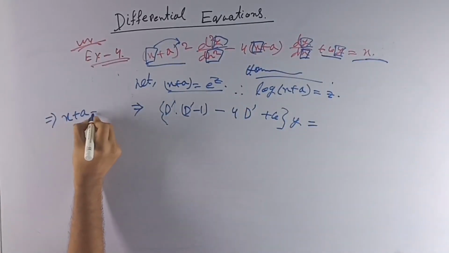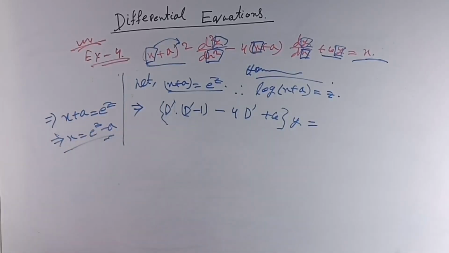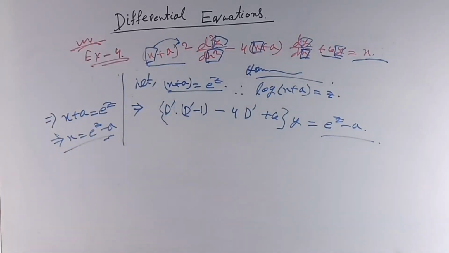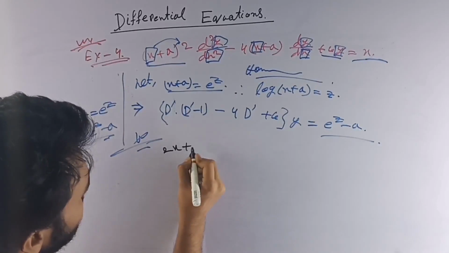It's very easy, interesting and very successful. So now it's very important that x plus a equals e to the power z here. So therefore e to the power z minus a equals x, we can write it. So x equals e to the power z minus a.